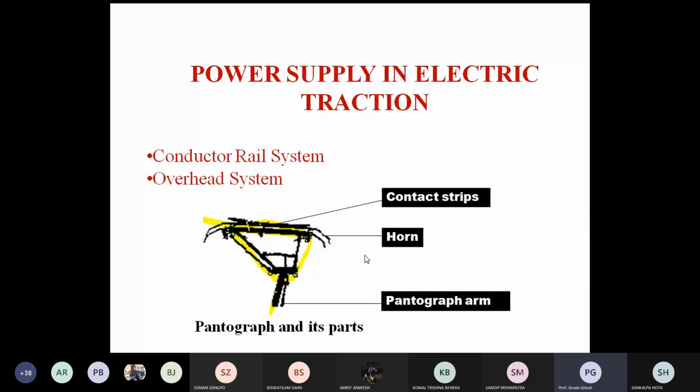In a locomotive, the front side has three pairs of wheels, and one motor is dedicated to one pair of wheels.